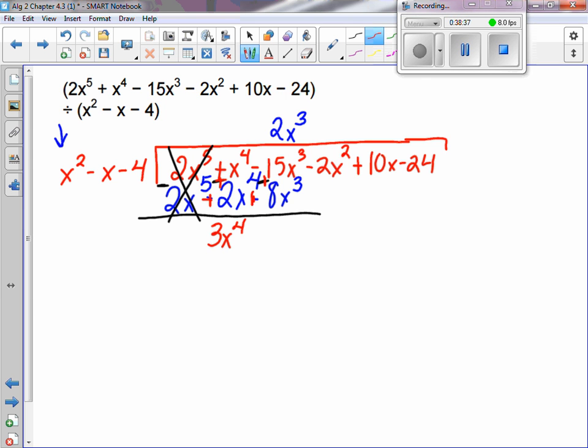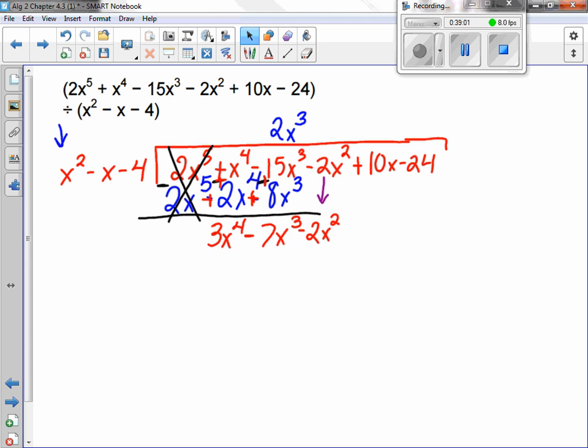Again here, a negative and negative would make a positive. So negative 15x cubed plus 8x cubed would be minus 7x to the third. Lastly, we drop down our negative 2x squared. Questions on this here? Any questions on any of this so far?